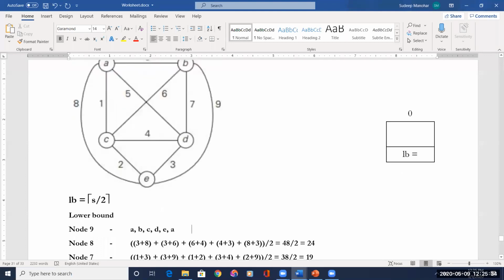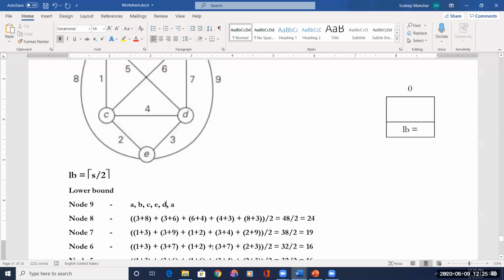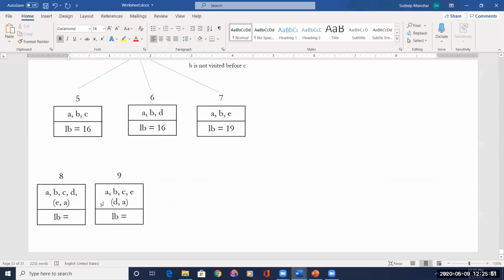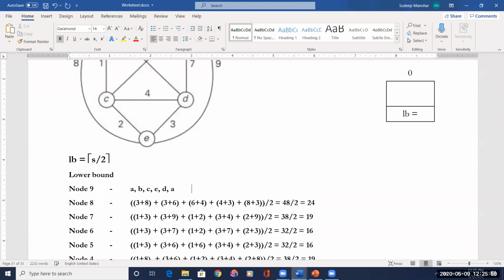Sorry, it is A, B, C, E, D, A. I'll verify once. Yes, it is A, B, C, E, D, A. So this path you have to consider.